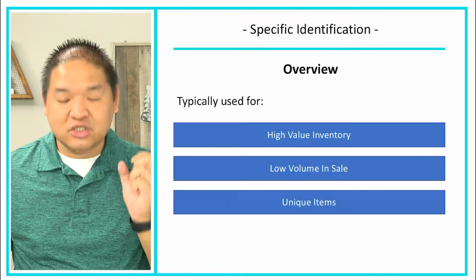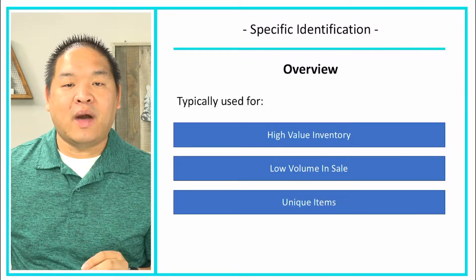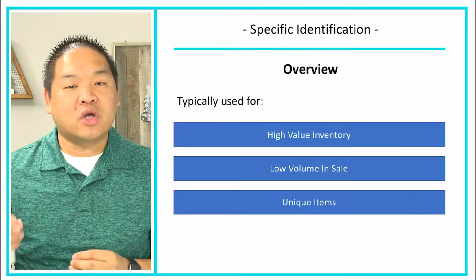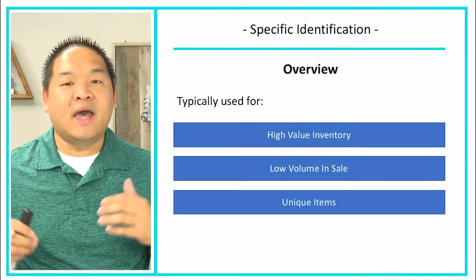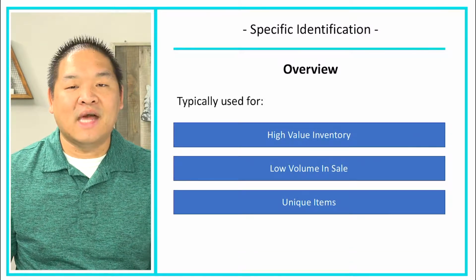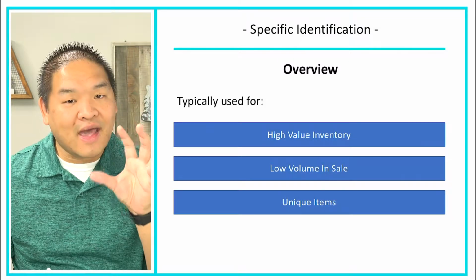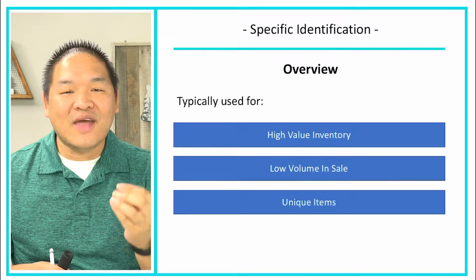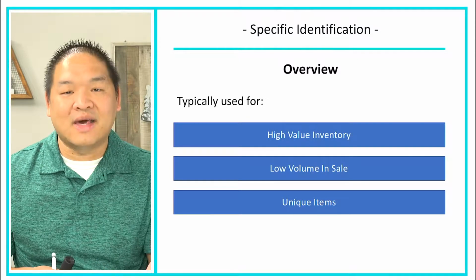The third thing is it's usually unique items. And the reason why is we need to be able to uniquely identify an item to its cost. And if you think of a head of lettuce, there's no real way to link that head of lettuce to the cost, because when you look at a head of lettuce, there really isn't a code on there that's specific to that lettuce.